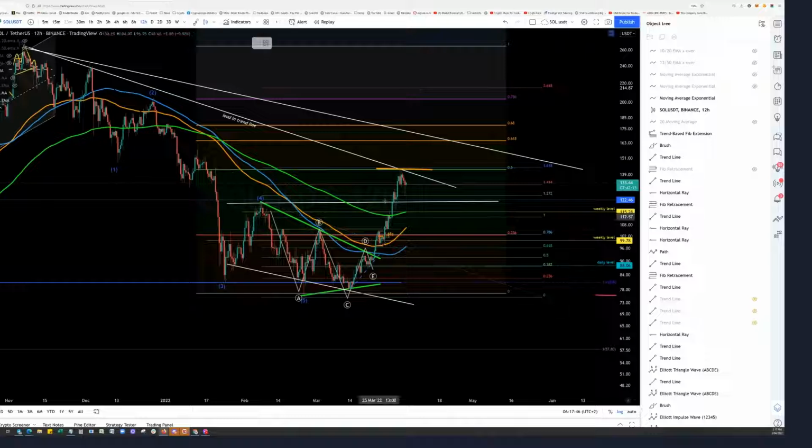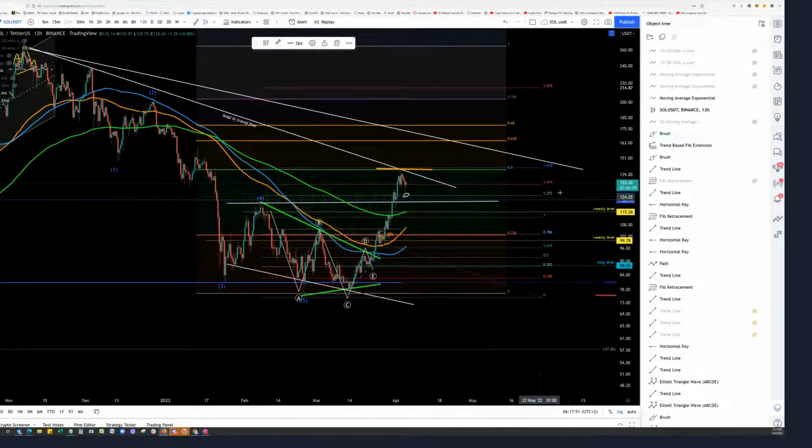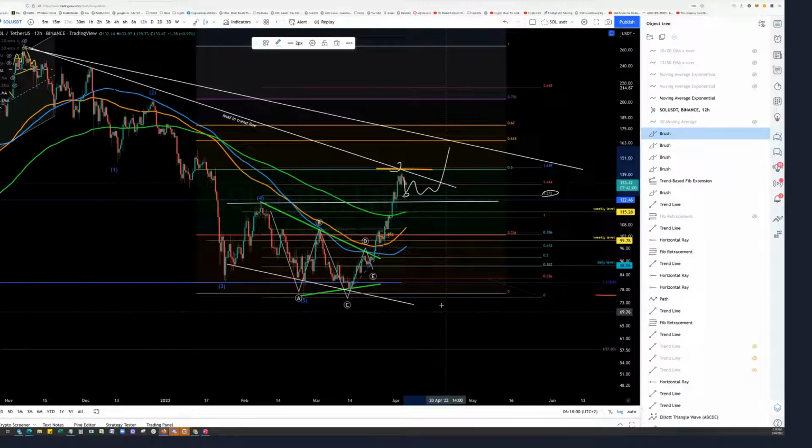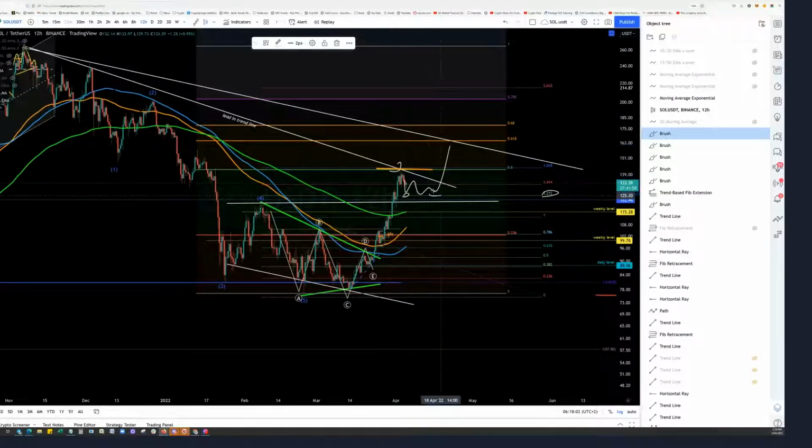The question is, how much is it going to pull back? It's already pulled back a fair bit there, hit that 1.272 level, perfect. So if that's wave 3, it could do wave 4, and then look at wave 5.